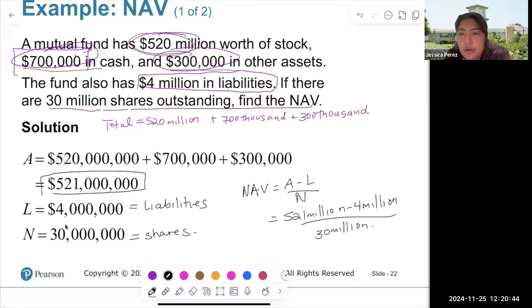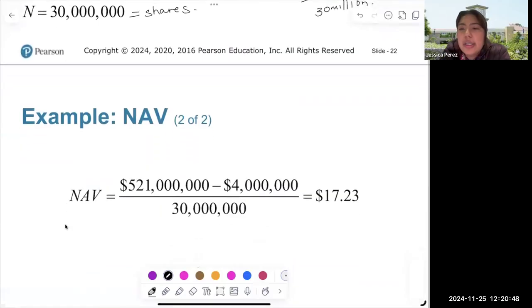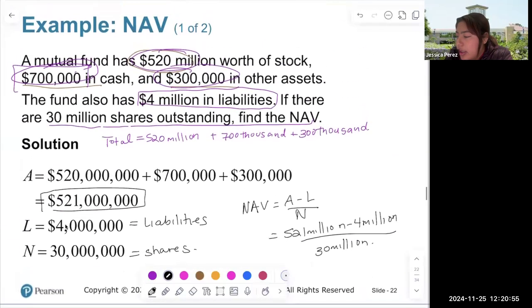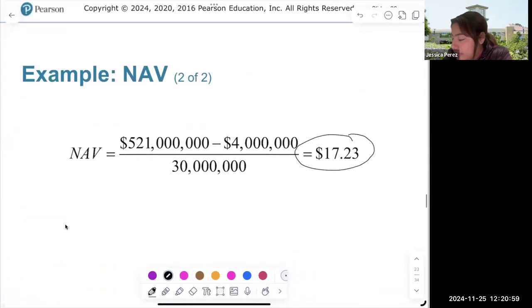You can plug this in your calculator, and you're going to get $17.23. That is the total net asset value.